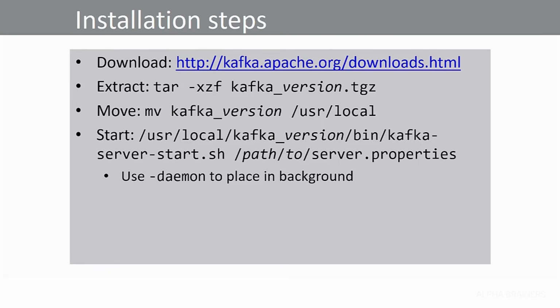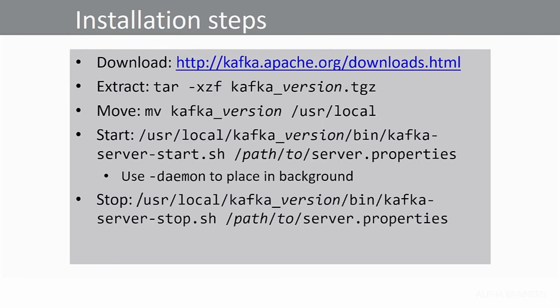But if you do place it in the background by using -daemon, then you don't get to see messages that pop up that might indicate what's going on with your Kafka server and why it may not be performing properly. If you put it in the background, then you can stop it by using the kafka-server-stop command to stop that Kafka server.